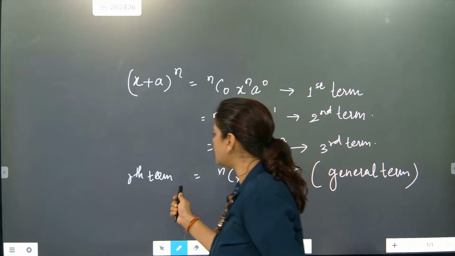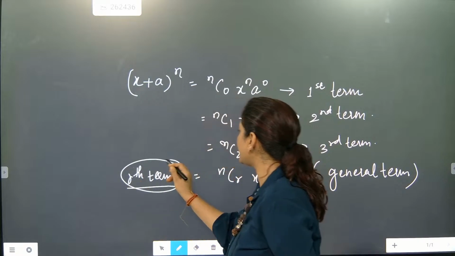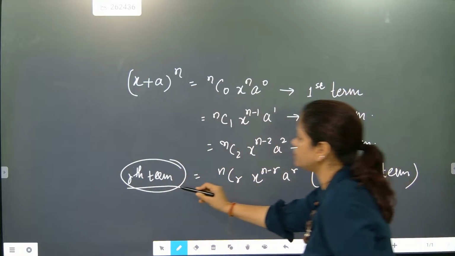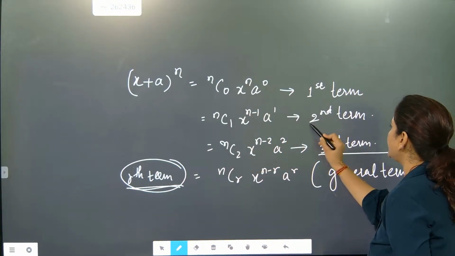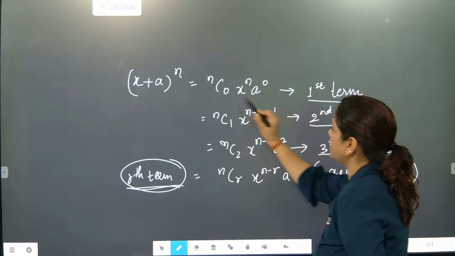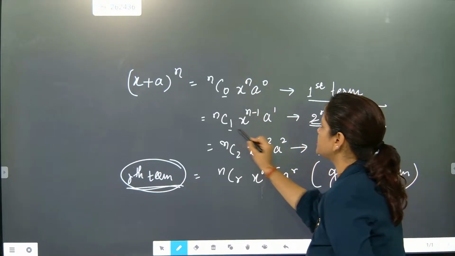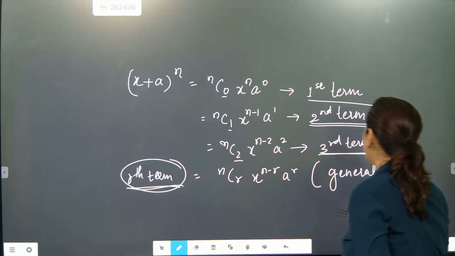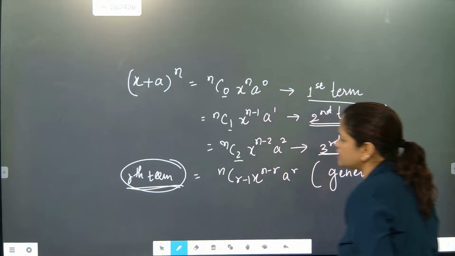This is the rth term, but this is not actually, because when I am writing the first term, here 0 is there. When I am writing the second term, here 1 is there. When I am writing the third term, here 2 is there. When I am writing the rth term, then it will become r minus 1.